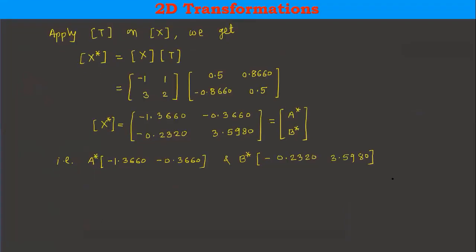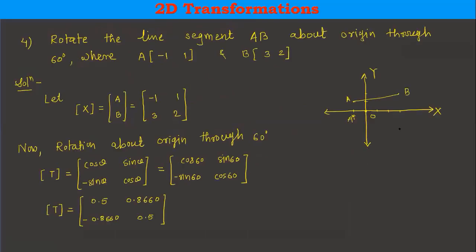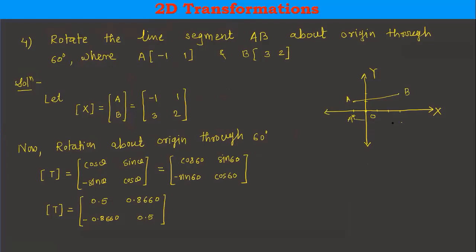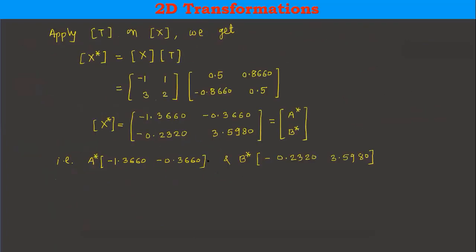So the point will be somewhere here. Okay, so we get a segment like this. So the segment AB is rotated about the origin through 60 degrees like this. So like that we got the position of the transformed object A star B star.